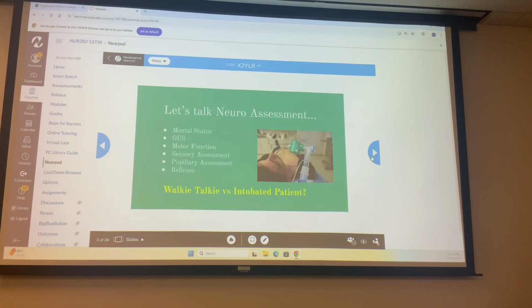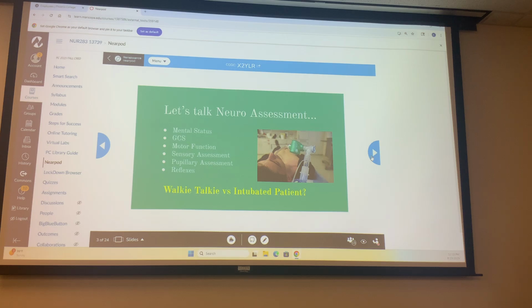Then we have stuporous. Then at the very bottom, we have comatose. So as we go down, the lower degree of LOC, the loss of consciousness, essentially, okay?